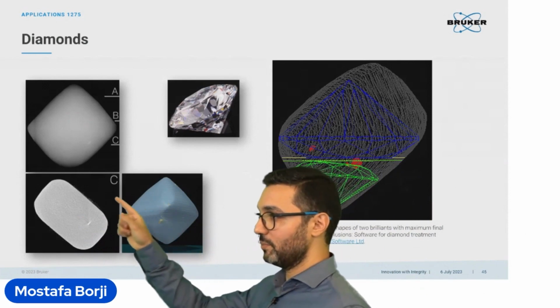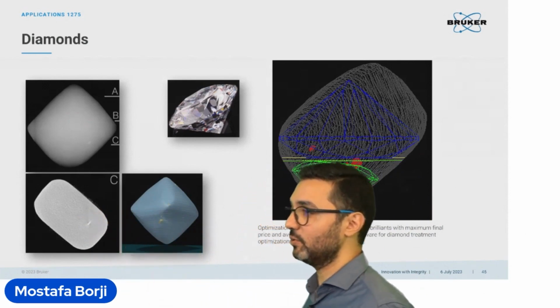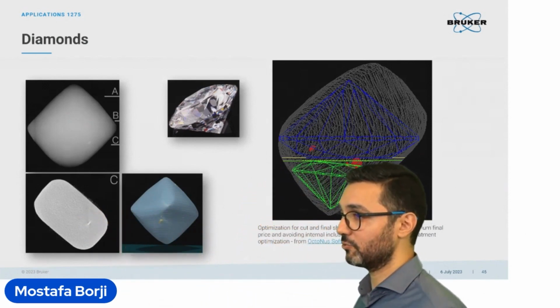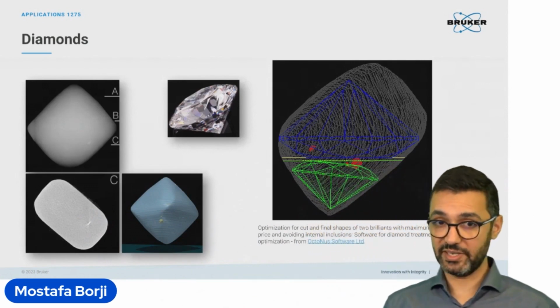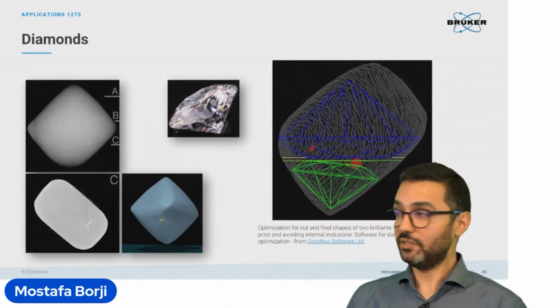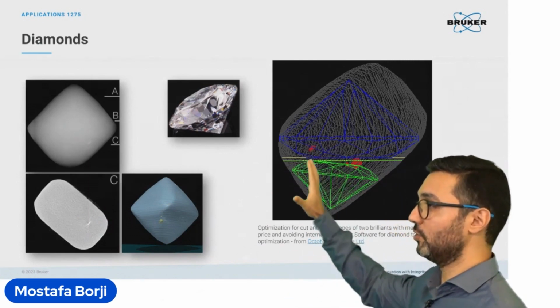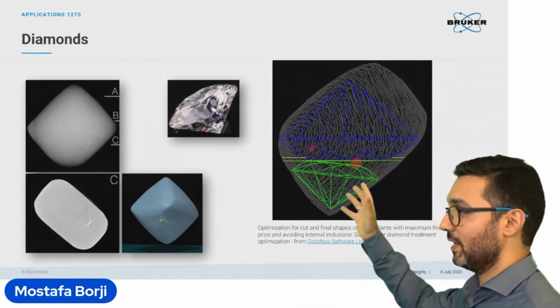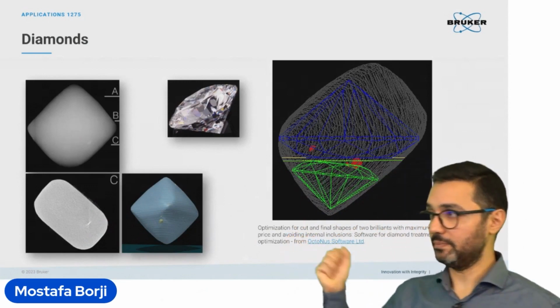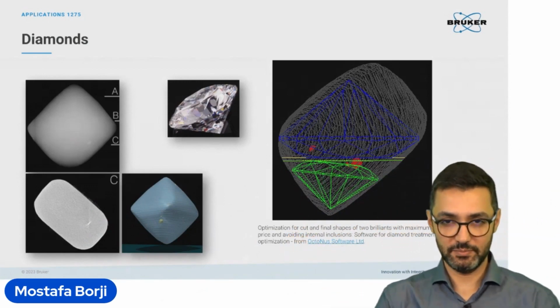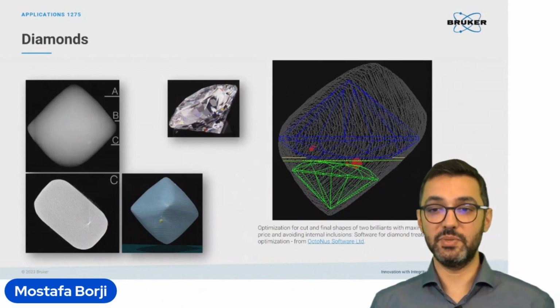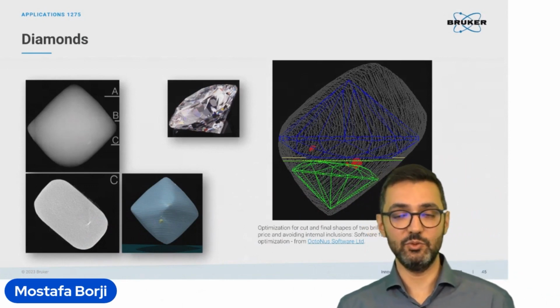Such inclusions might reduce the value of the end product, and therefore MicroCT gives us the opportunity to see these defects and do the designs inside such volumes in a way that avoids them and gets the most out of them, for the best end value from the products.